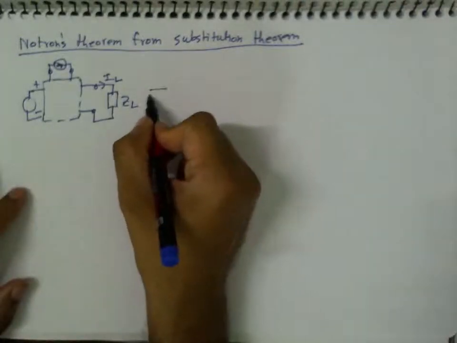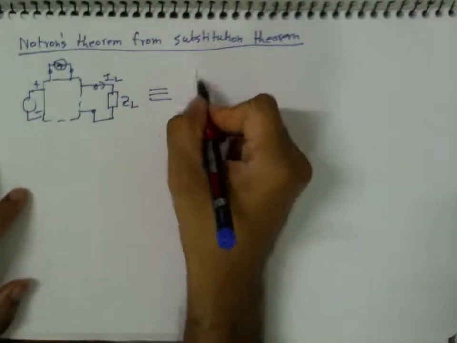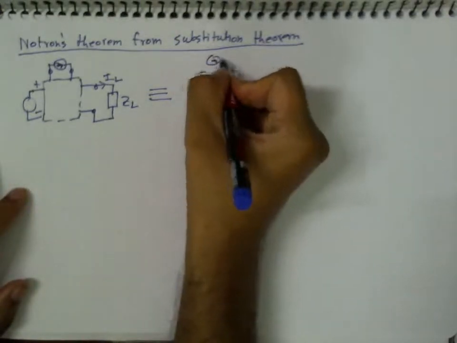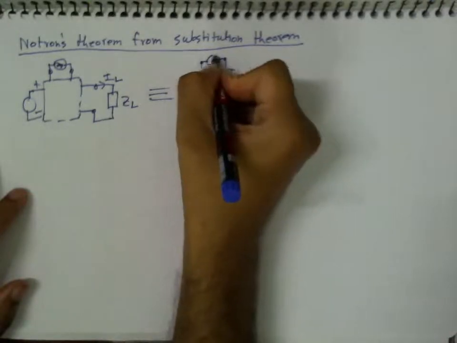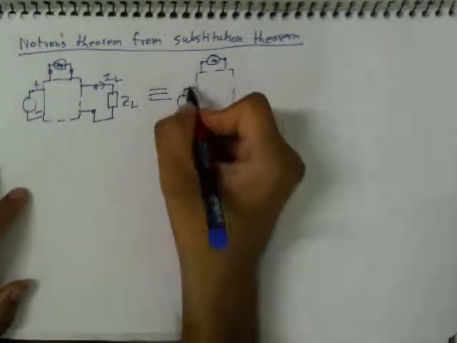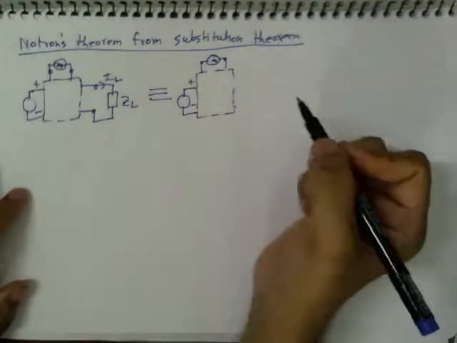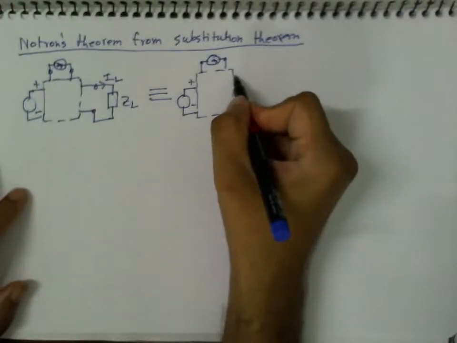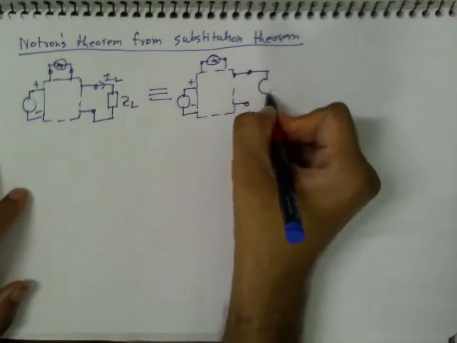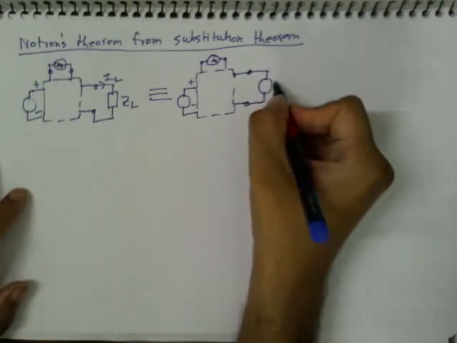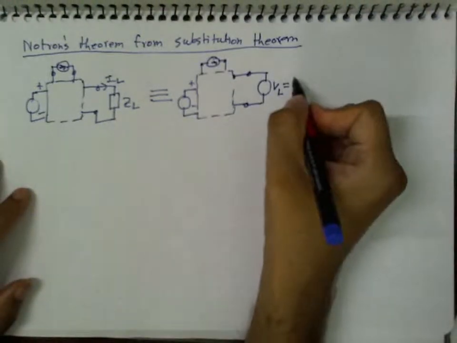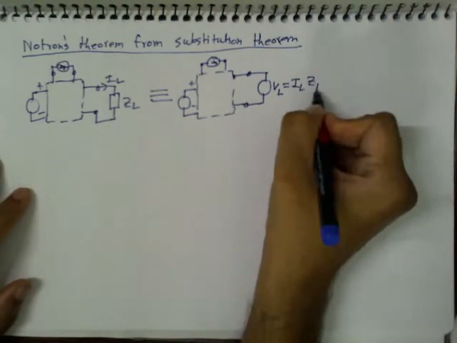So this is equivalent to this network with internal current sources, circle with an arrow, internal voltage sources, plus minus and circle, and then here outside we replace this with a voltage source, I call it VL, and the value of VL I choose to be ILZL.